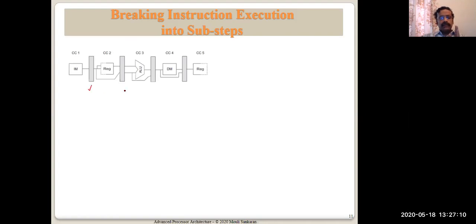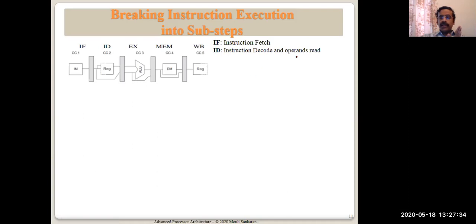Because it is in the pipeline, between 2 stages, there are pipeline registers. Now you know that an instruction is in any one of these stages, and different hardware modules are used during those stages.